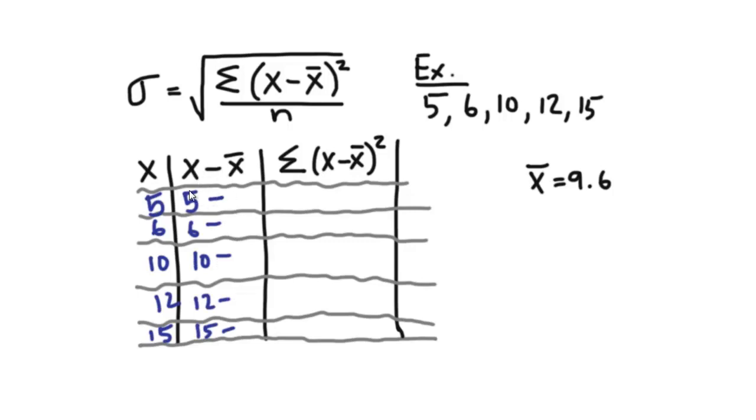Now the next column is to take the x minus the mean. Now the mean is 9.6, so all we have to do is put the 9.6 down here. So 5 minus 9.6, 6 minus 9.6, and so on.